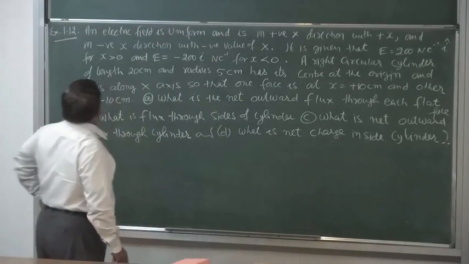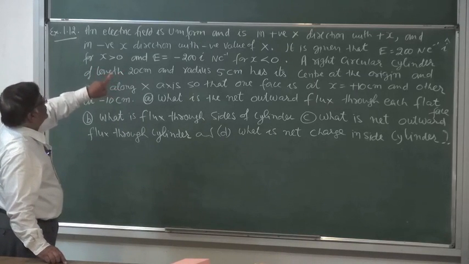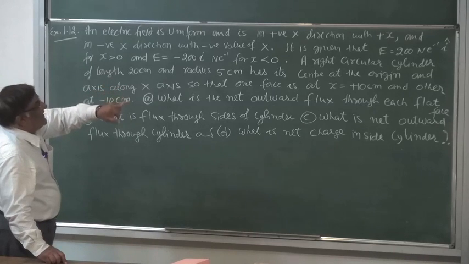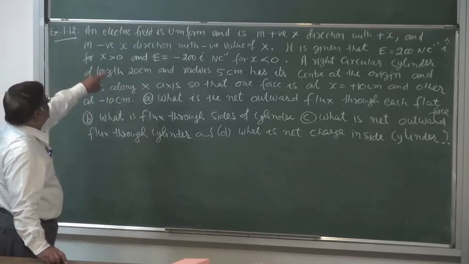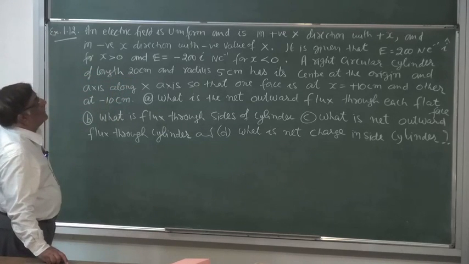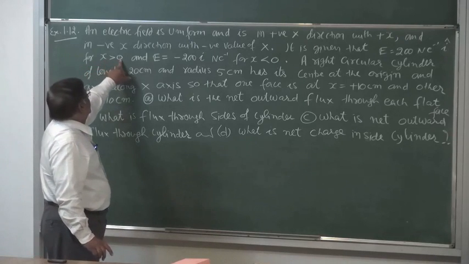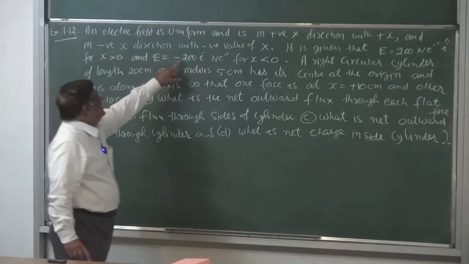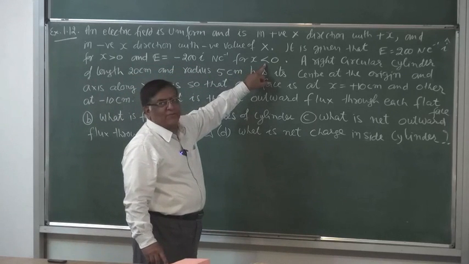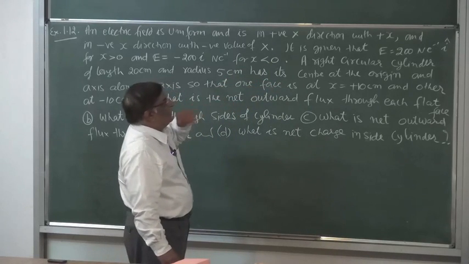Okay, please read this question carefully. An electric field is uniform, it is positive with plus x and it is negative with minus value of x. It is given that E is so much for x more than 0 and E is -200 for x less than 0. Less than 0 means in negative direction. More than 0 means in positive direction.